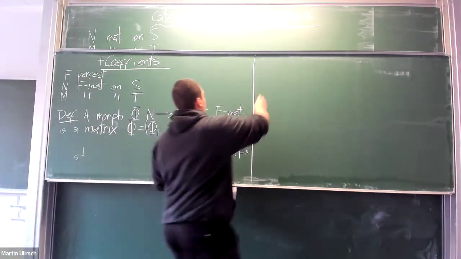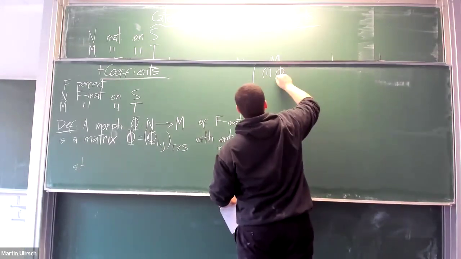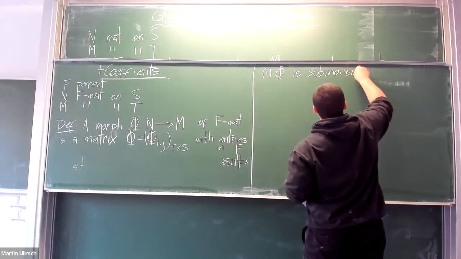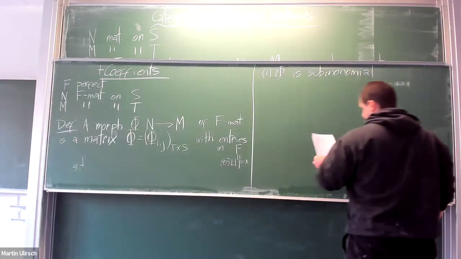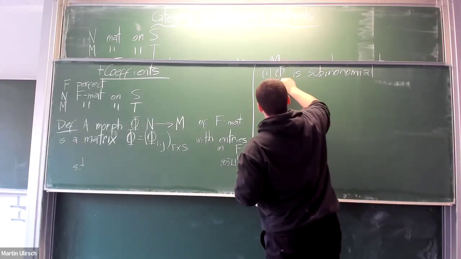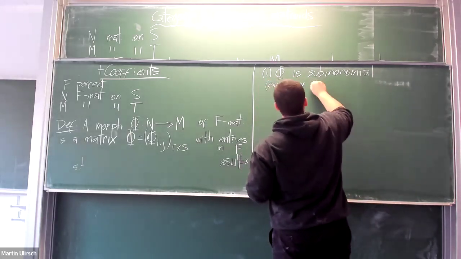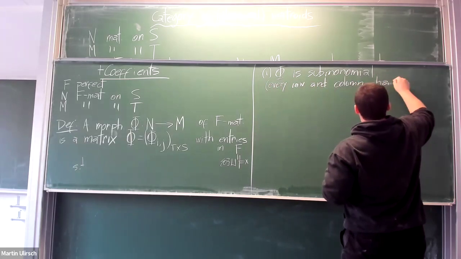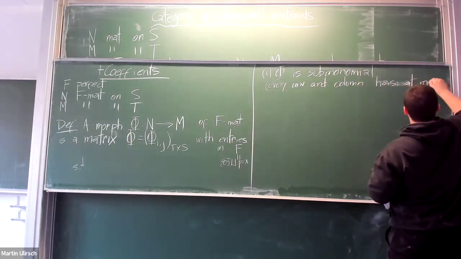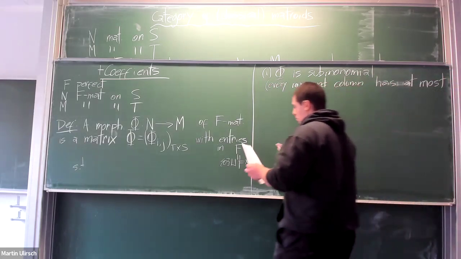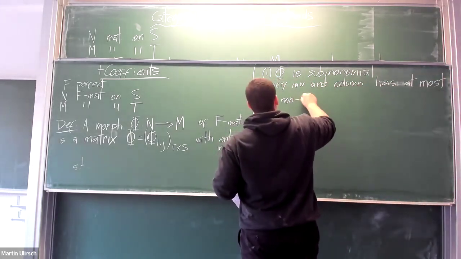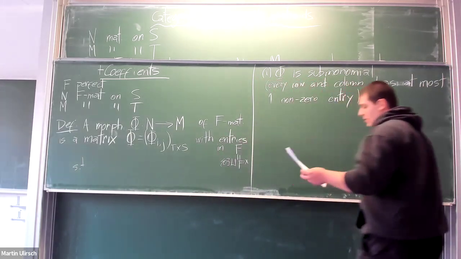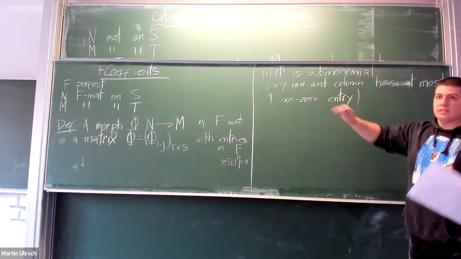It's submonomial, which means every row and column has at most one nonzero entry. The idea is this matrix is submonomial.